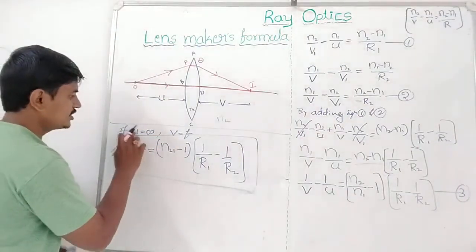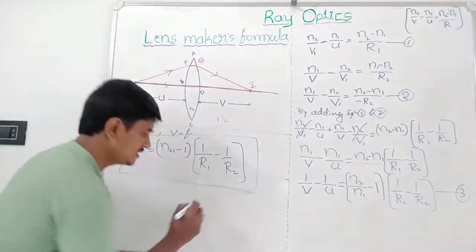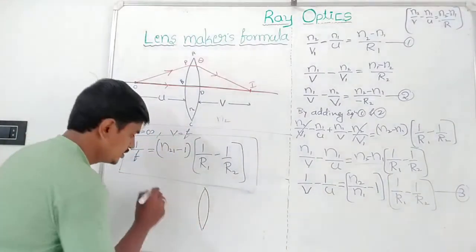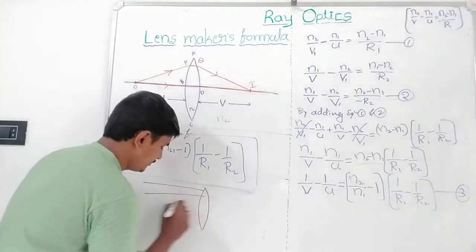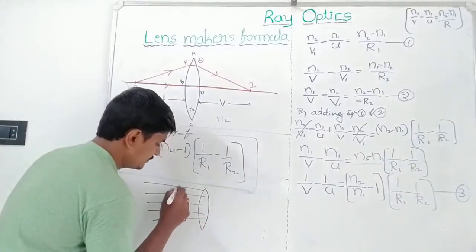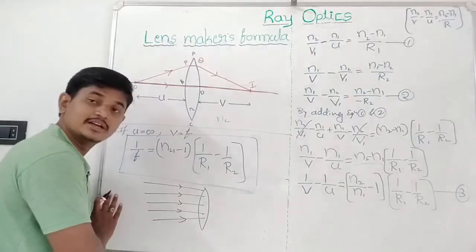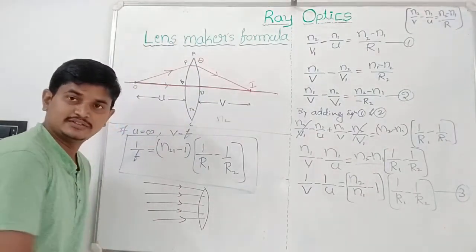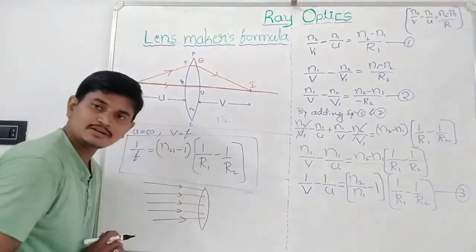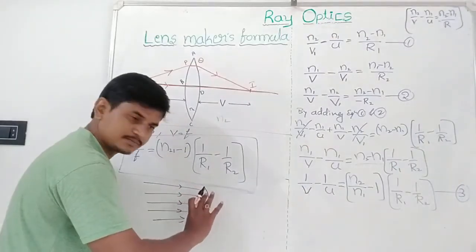See, if u is equal to infinity, then how is v equal to f? Imagine this is a lens. If the rays are parallel to the principal axis, the object is definitely at infinite distance. Only if the object is at infinite distance are the rays parallel to the principal axis.